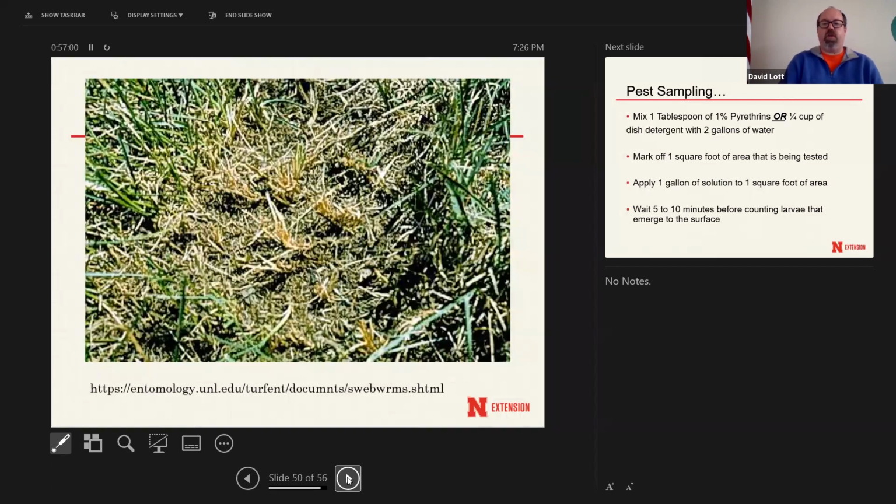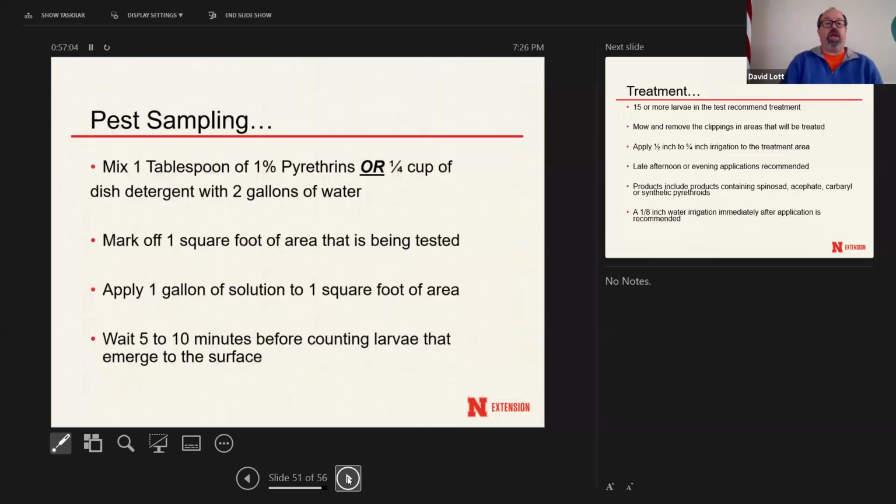So it's a very simple test again. You can use pyrethrins, or you can mix a 1/4 cup of dish detergent and 2 gallons of water together, swish it all together really well. You mark off a square foot area where you think there's damage, where you see a lot of damage down where the grass is chewed down to the soil surface.